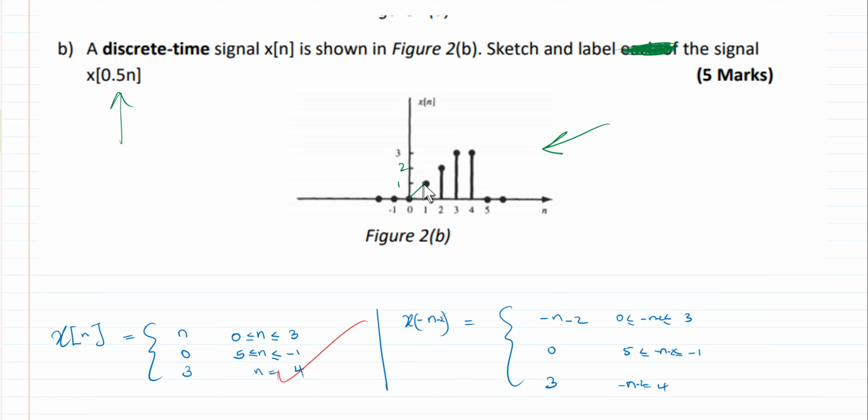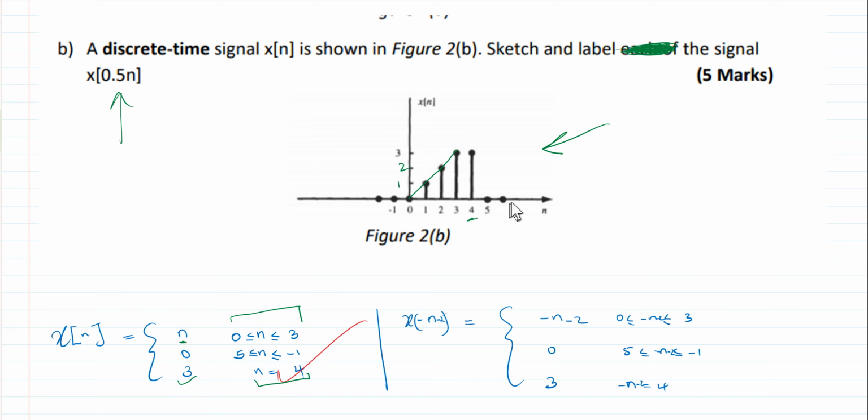So for that section of the diagram, for the range between 0 to 3, the value of x of n can be said to be n. Then there is another subsection where we are saying that when n is equal to 4, then x of n is 3. So this is the other range that we are defining.